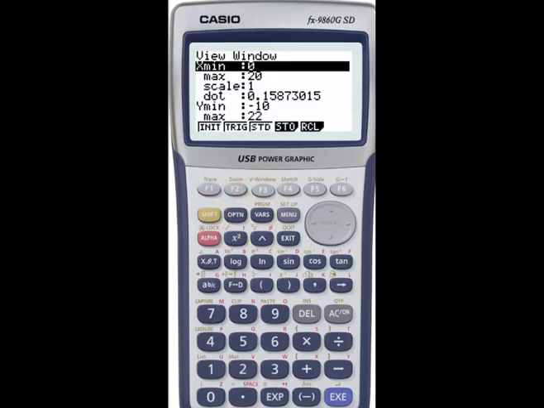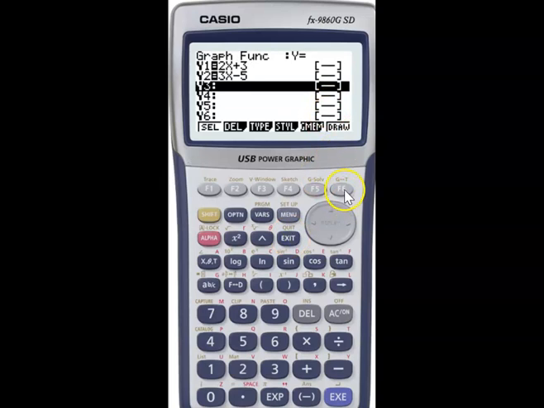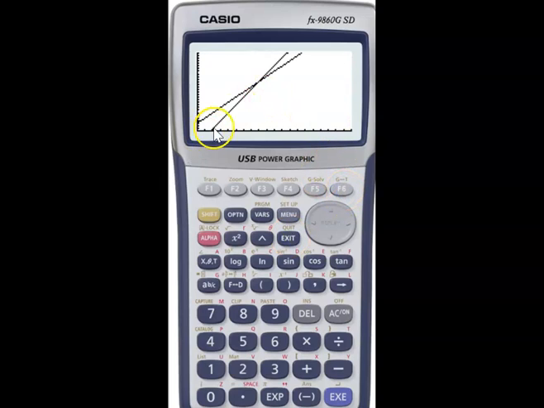Exit that, shift view window. And in y, I'm going to go from 0 to 30. I just want to have a good clear picture of where these two lines meet. Exit there, press F6 to draw, and we can see there's our left-hand side, there's our right-hand side.